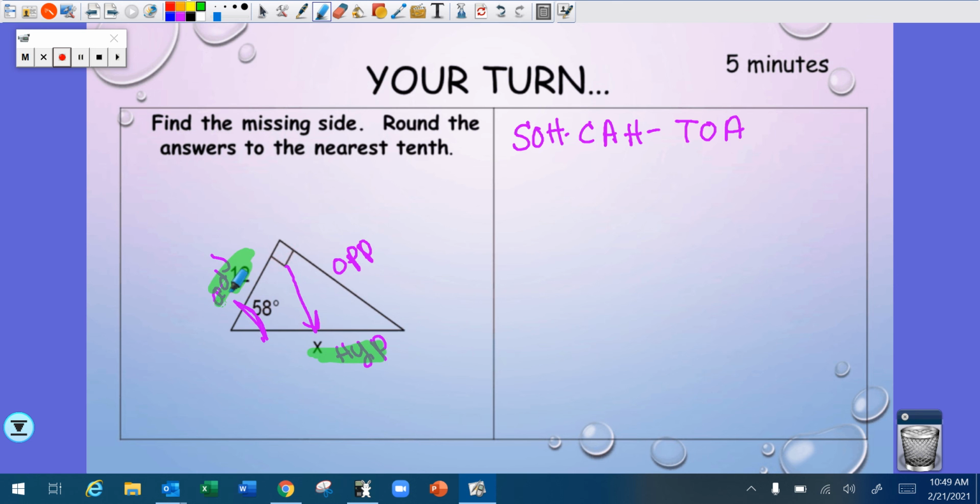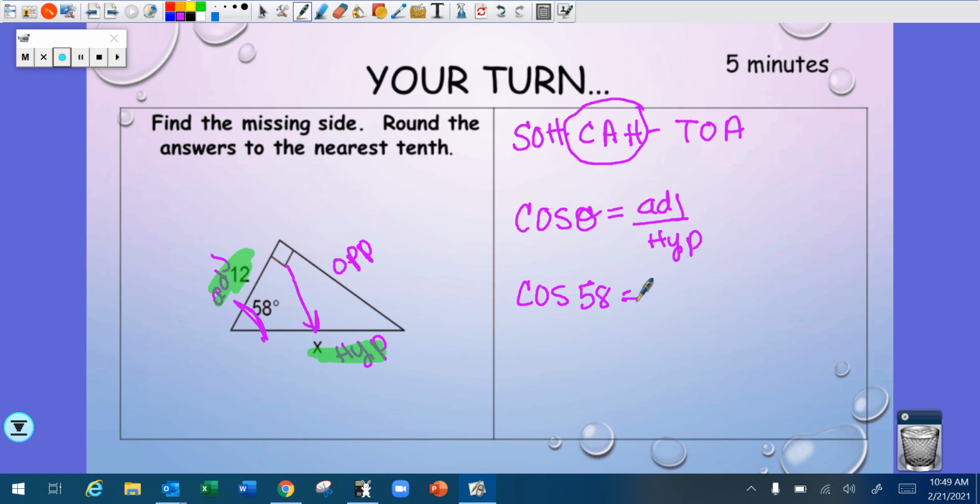This is what I'm looking for, and this is what they gave me. So I'm going to use the trig function cosine because it has both adjacent and hypotenuse in it. So cosine of theta equals adjacent over hypotenuse. So cosine of 58 equals adjacent over hypotenuse.